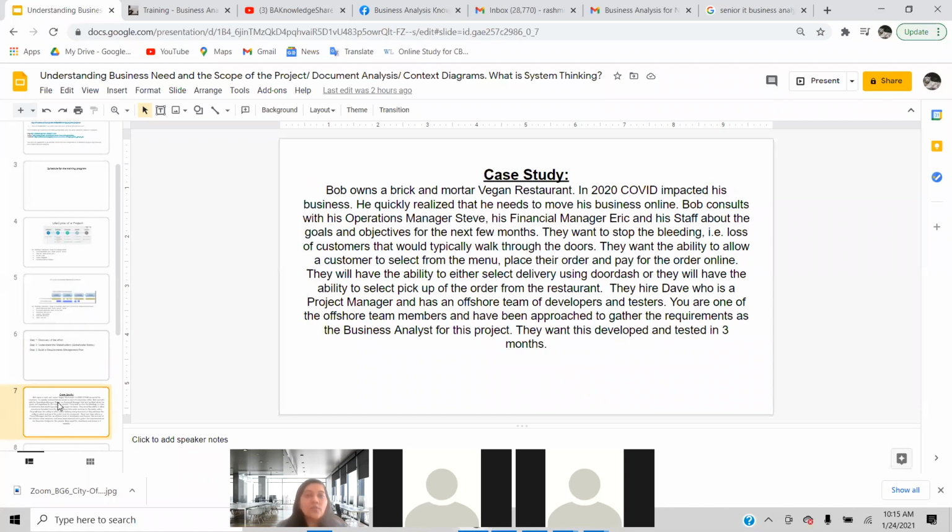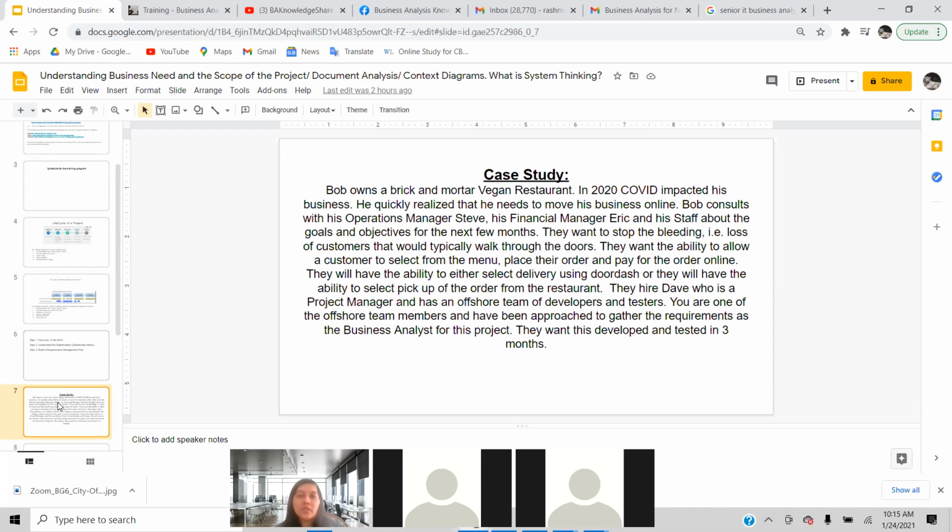So let's get on to a real life example. All right, so I know there's a person called Bob who owns a brick and mortar vegan store. In 2020, COVID impacted his business. He quickly realized that he needs to move his business online. Bob consults with his operation manager, Steve, his financial manager, Eric, and his staff about the goals and objectives for the next few months.